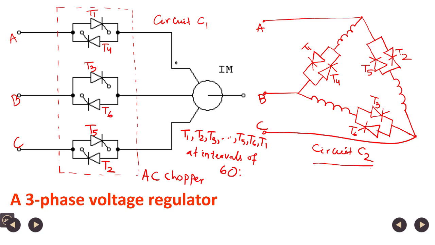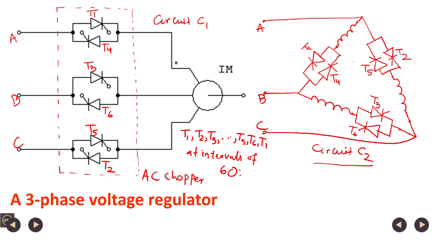So, this is the advantage of circuit C2, but there is a disadvantage also, all the 6 terminals of the 3 windings must be available, so that the thyristors of the voltage controller are connected in series with the windings. So, all 6 terminals should be available, and any third harmonic currents are in phase.